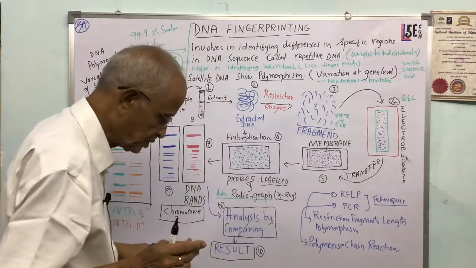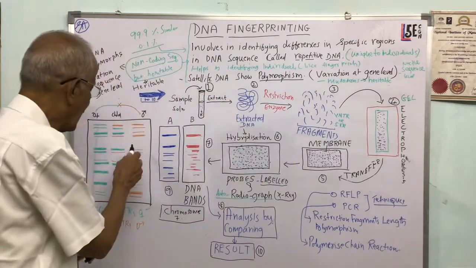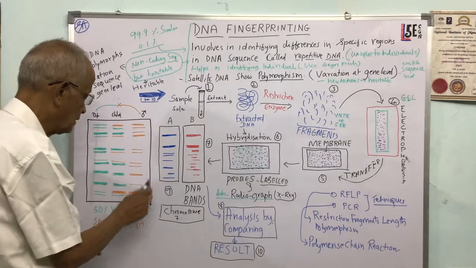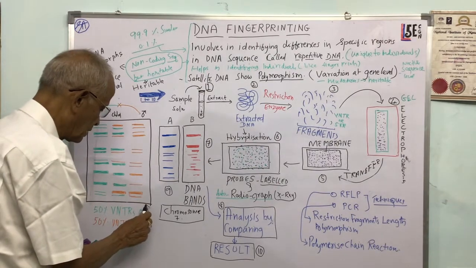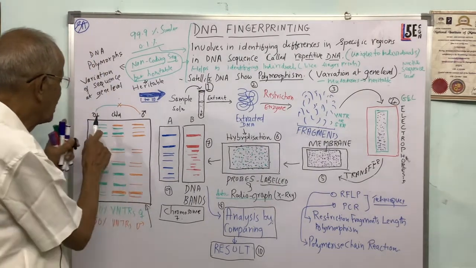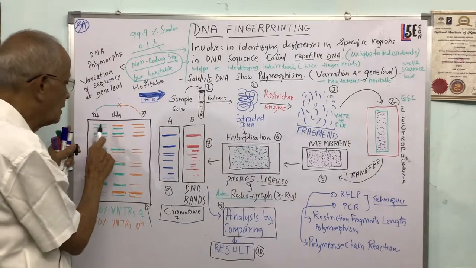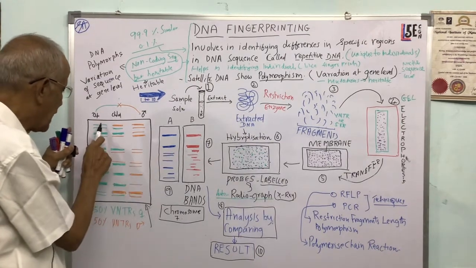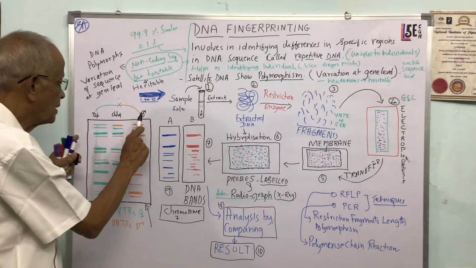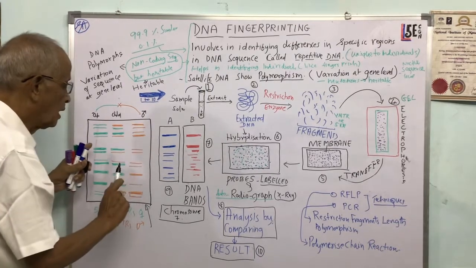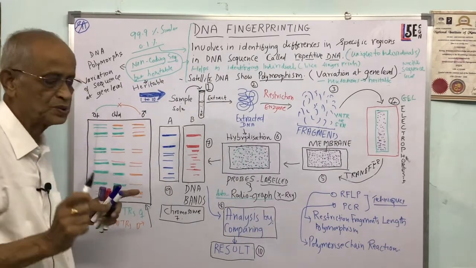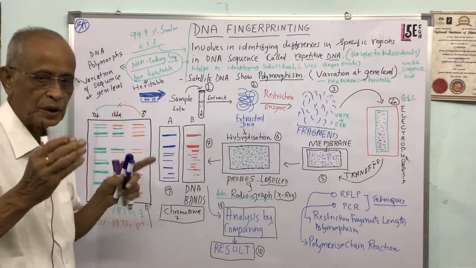For this, just for the sake of understanding, here I have shown a diagram, this particular diagram where I am indicating the arrow. Here we have got the DNA banding of a female, DNA banding of a male, and then a child's DNA is compared.